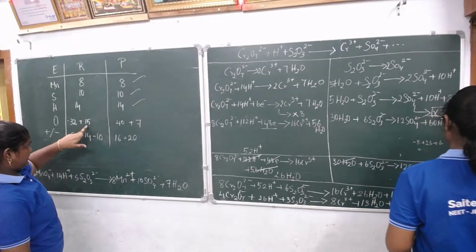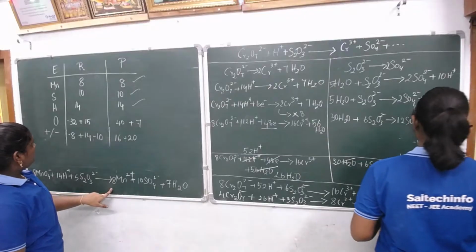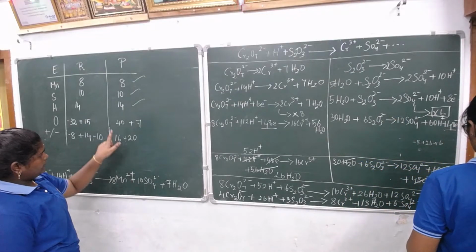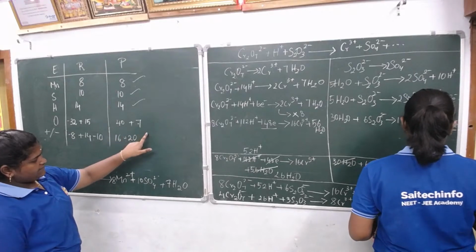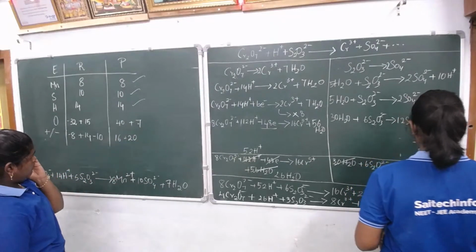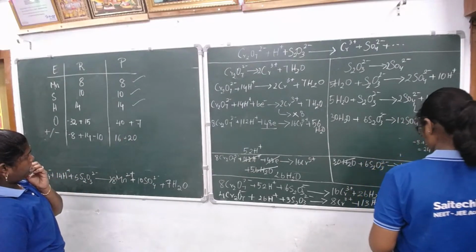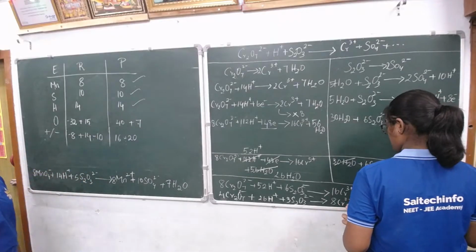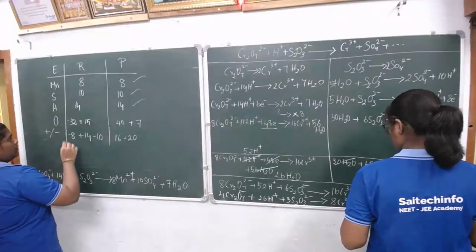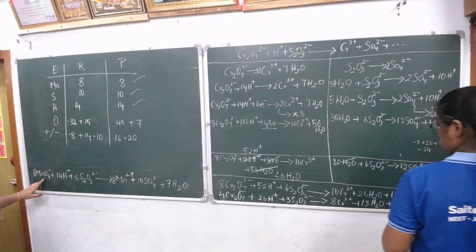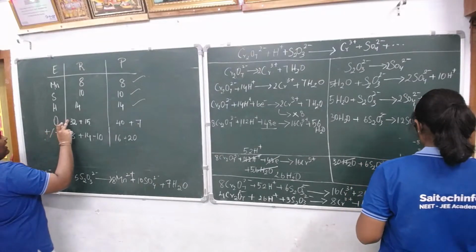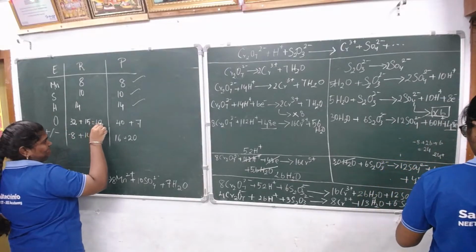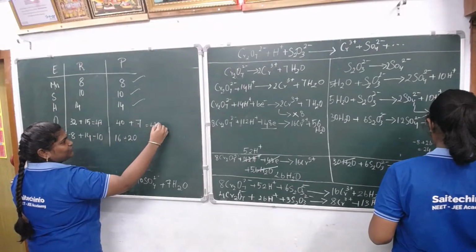Oxygen, how much? 40 plus 7, 7H2O. So here we are going 32 plus 15, how much? Why do you put minus? That is not charge, no? You are counting only oxygen. So 32 plus 15, 47. So here also 47, so both are balanced.